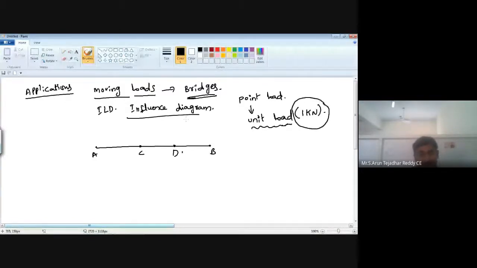On the structure, it may be 1 kilonewton at point A, at point C, at point D, at any point, not only a single point, at any point on the structure.